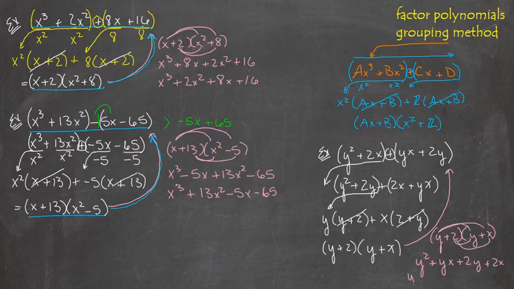Rearrange these and I have y squared plus 2x plus yx plus 2y. And I have exactly what I started with. And in fact, I have factored this unwieldy, multiple variable, 4-term polynomial by grouping method.